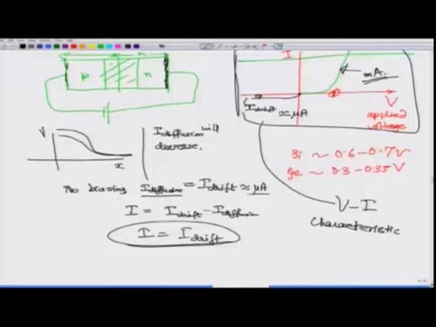This drift current is very small compared to the forward bias current once you are beyond that cutoff voltage. So, on the same scale it is very difficult to plot. So, generally, when people want to draw this VI characteristic, they put two different scales.